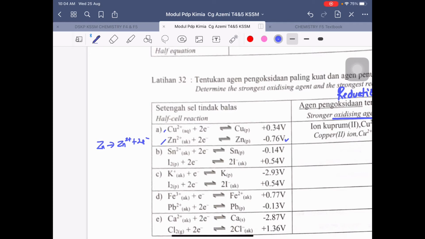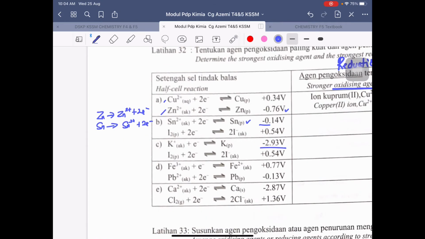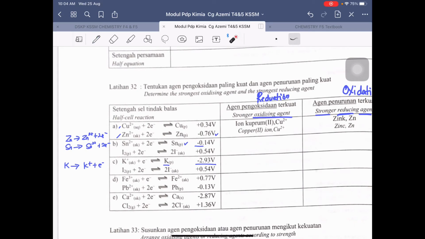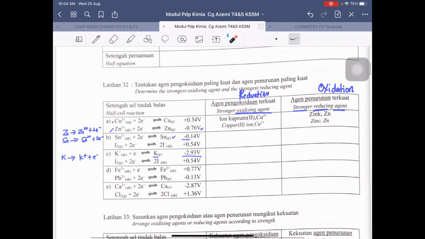And then this one is also negative, Sn. I will reverse this too: Sn donates electrons to become Sn2+ and 2e-. Look again, where is the negative one? This one. So I will reverse it again: K, and then K+ and e-, like that. So from this equation, class, it is going to help you determine which one is the agent for reducing and which one is the agent for oxidizing.